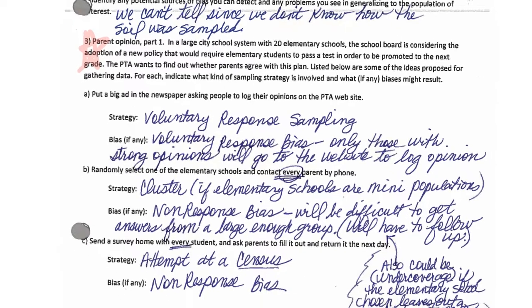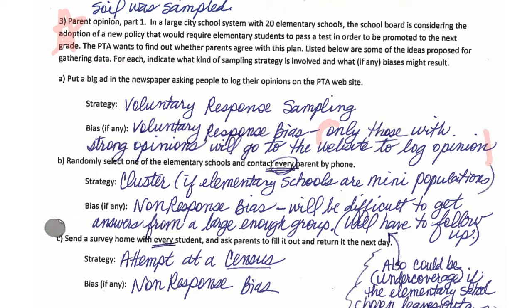You see how I elaborate and go into why I chose that bias. You better do that, or else if your answer isn't like mine, then it's wrong. But if you pick an answer different from mine and you elaborate and explain, and I can see that, then you can get credit.